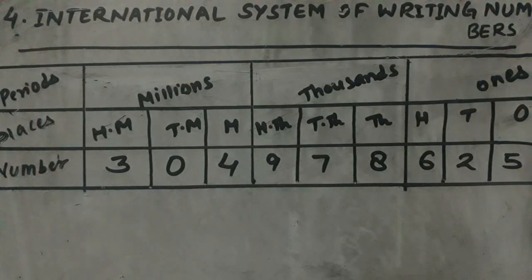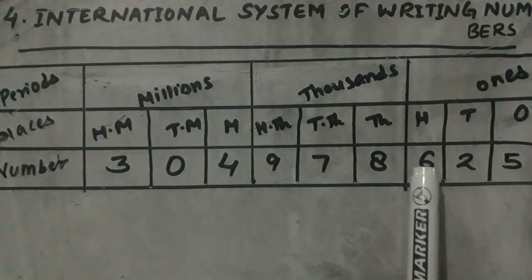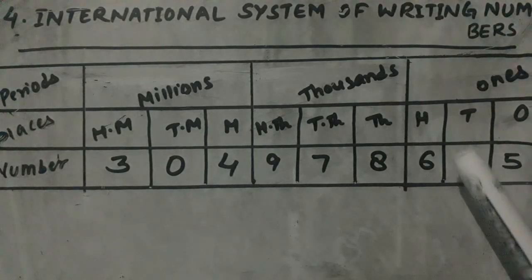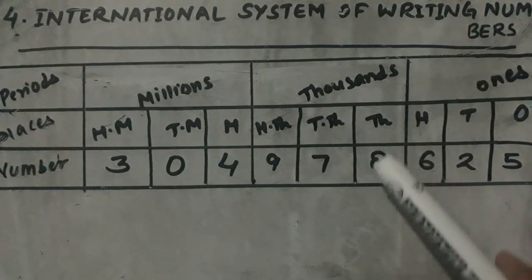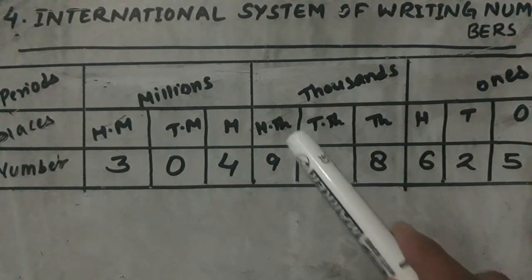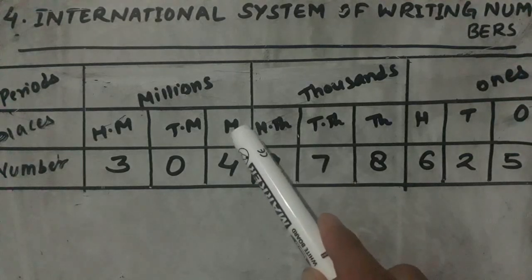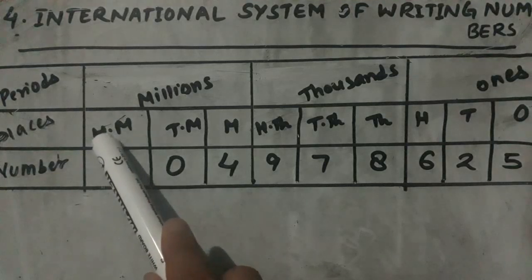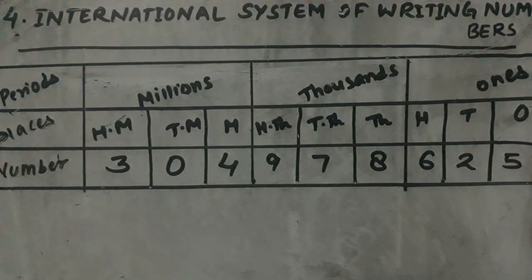I have taken the number 304978625, and I have kept the digits according to their place value. 5 is at ones place, in tens place there is 2, in hundreds place there is 6, in thousands place there is 8, in 10,000 place there is 7, in 100,000 place there is 9, in the place of million there is 4, in the place of 10 million there is 0, whereas in the place of 100 million there is 3.